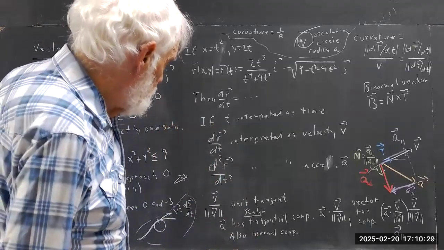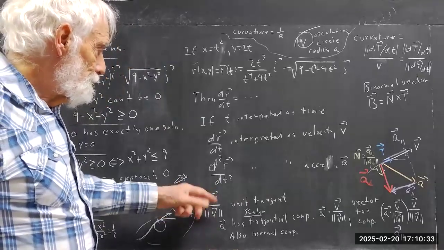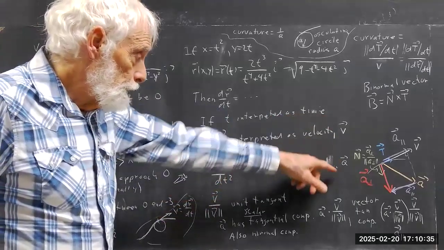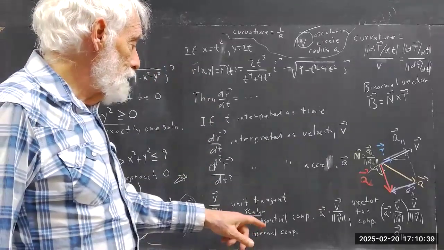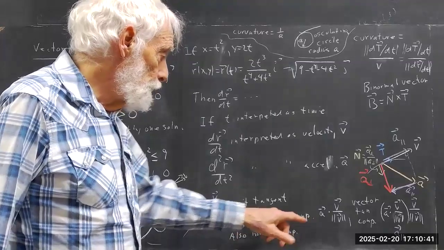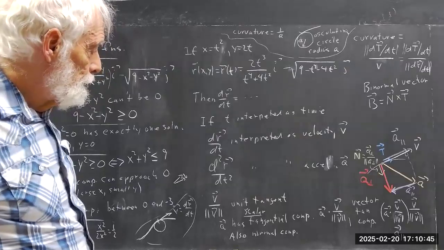So what I'm saying is that our acceleration, which would be the derivative of velocity with respect to time, will have a tangential component, a scalar tangential component in that case.